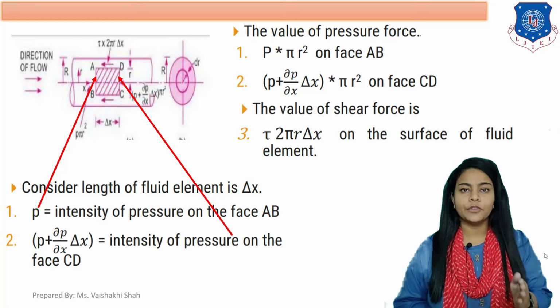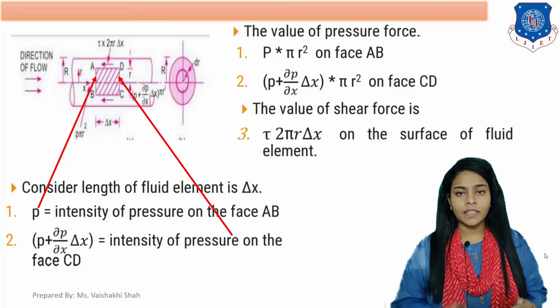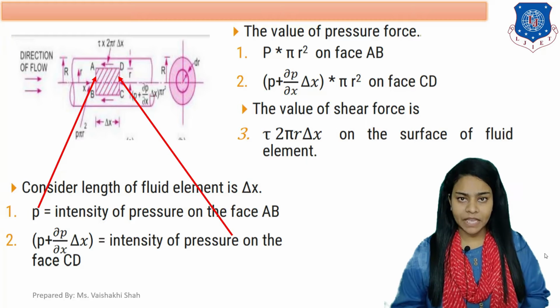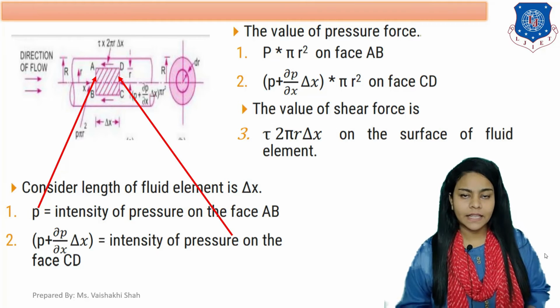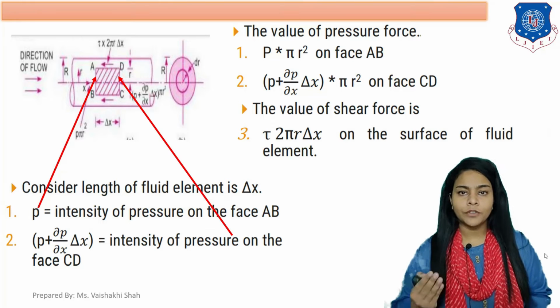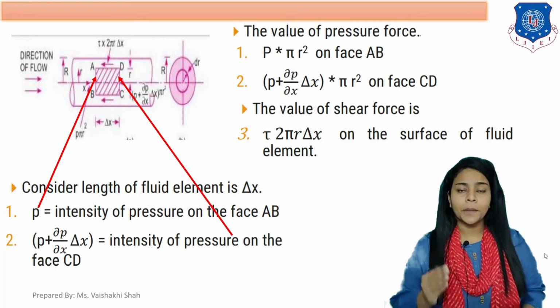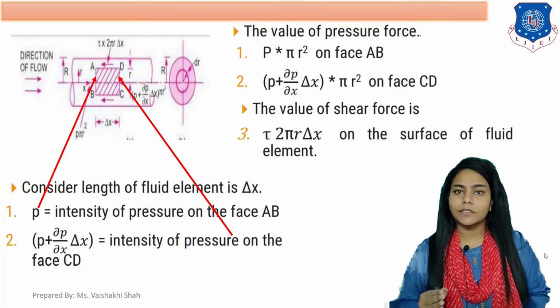Now on surface CD, the pressure is P plus del P by del X into del X, and the area of the circular section is pi r square. So the pressure force on surface CD is P plus del P by del X into del X, into pi r square.